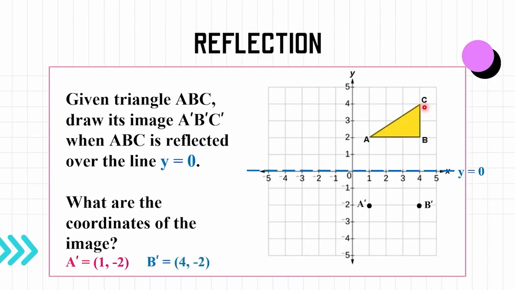Moving on to point C, our final point, we count 1, 2, 3, 4 places away from the mirror line. And so we'll have to do the same thing on the other side. 1, 2, 3, 4. So C prime would be located in this position, which we call 4, 4, according to our graph.